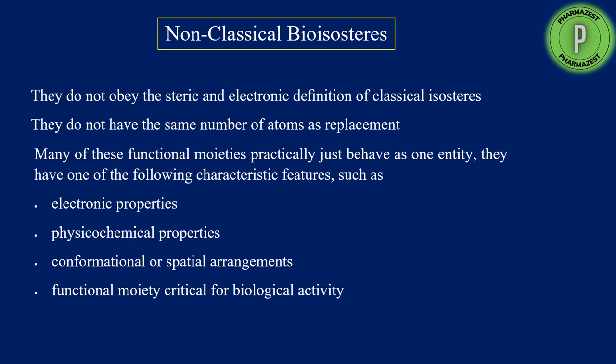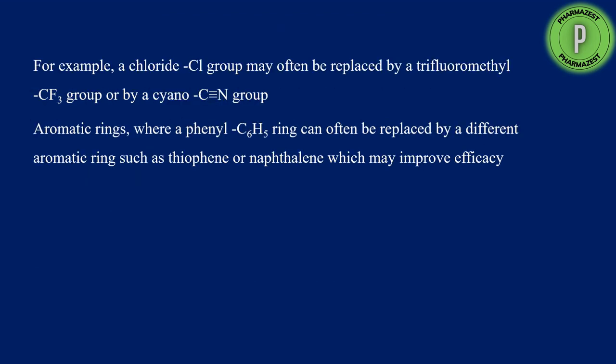So these non-classical bioisosteres do not obey the properties which are obeyed by classical isosteres. Instead, they have gross characteristics like electronic or physicochemical, conformational or spatial arrangement. So based on this, we can replace one functional group with another functional group.